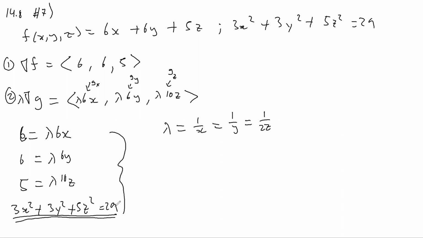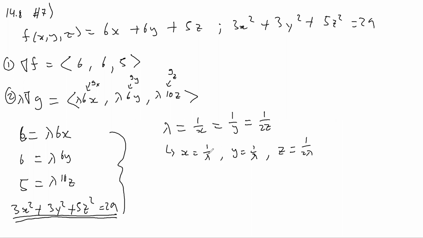All right, so now let's look at the constraint right here. Actually, what we can do is plug in values of lambda in terms of x, y, and z. So I'm just going to rewrite this. This can be rewritten as x is equal to 1 over lambda, y is equal to 1 over lambda, and finally, z is equal to 1 over 2 lambda, right?